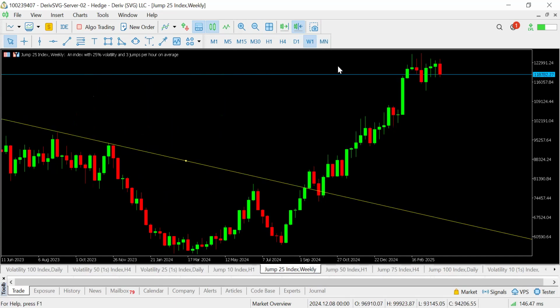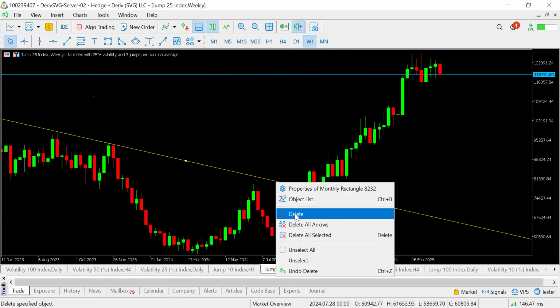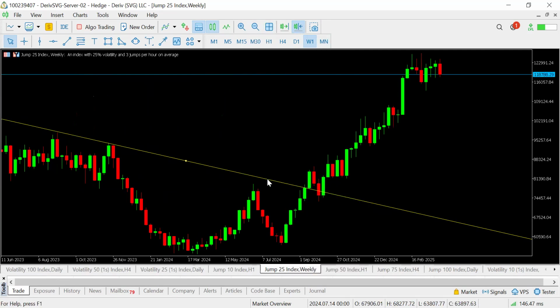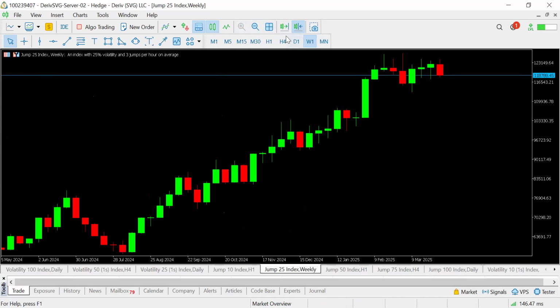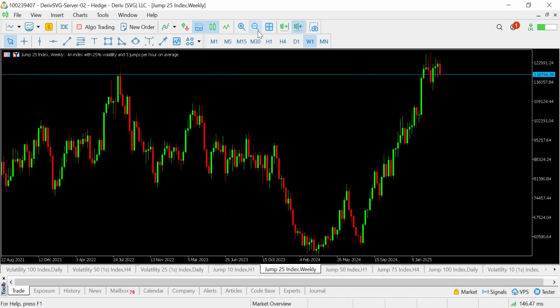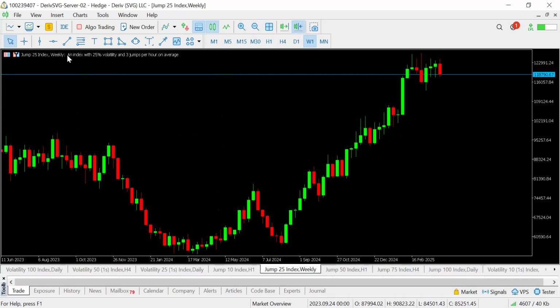So let's look at what the weekly time frame has for us. Let me take this guy out. From the weekly time frame, we can see that the direction becomes a bit clearer. That means now we can add a trend line.